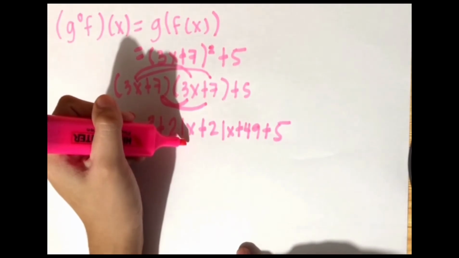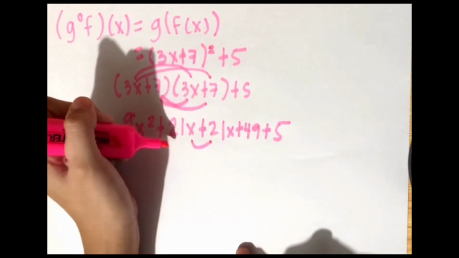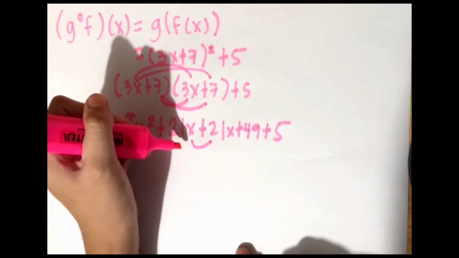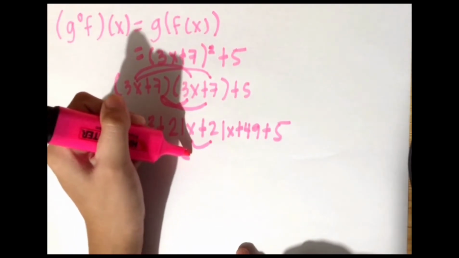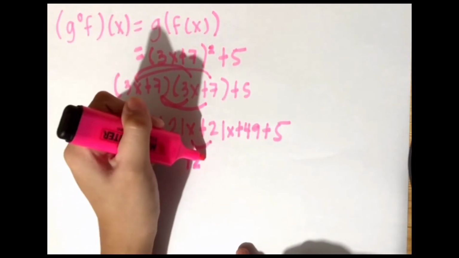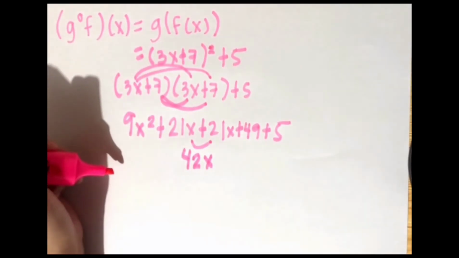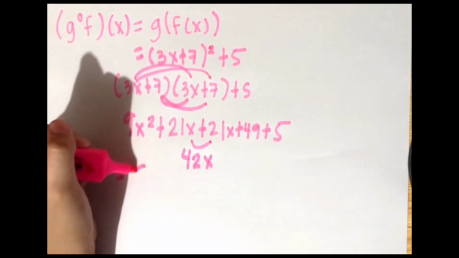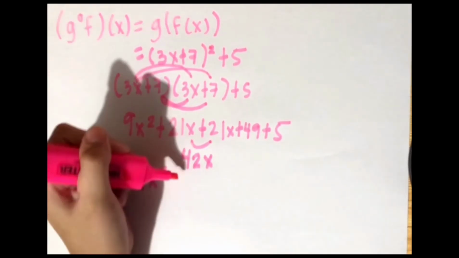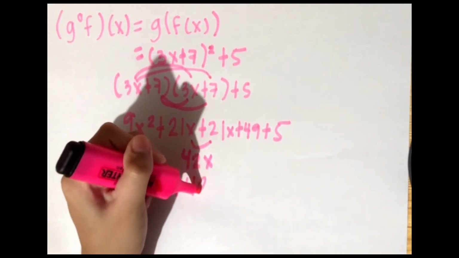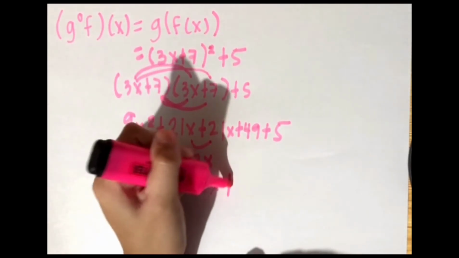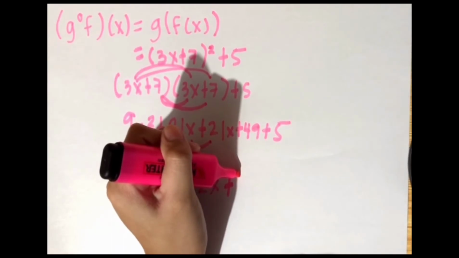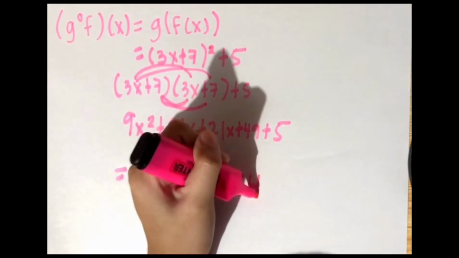Let's combine like terms. We have here 21x plus 21x is equal to 42x. So our answer for letter B is 9x squared plus 42x plus 54.